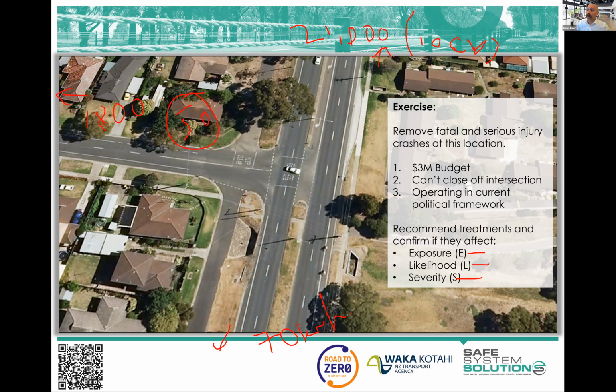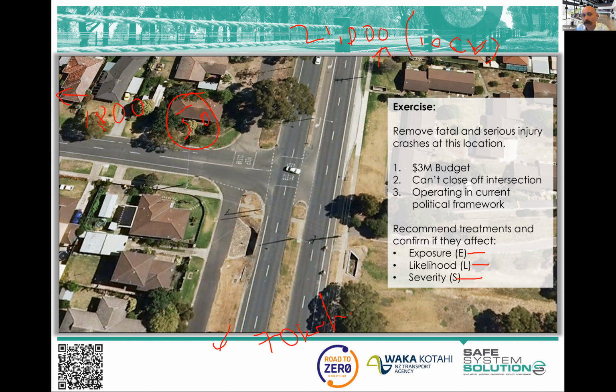Is banning or restricting movements exposure or likelihood or both? It's an excellent question. In a pure safe system assessment, we would really say that restricting movements is likelihood. Banning movements is exposure if you believe that it will actually not happen.